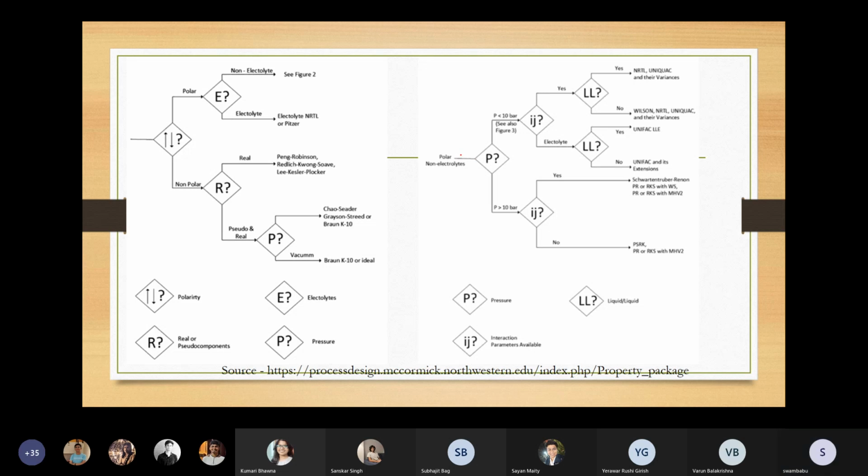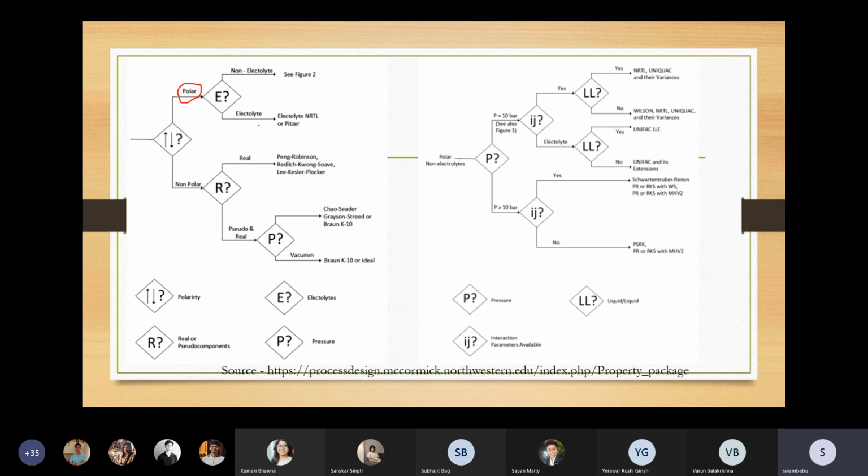If you pay a little attention, you will get a very quick way to understand. If you have polar components, water-liking components, and if they are non-electrolytes, let's go for figure 2.